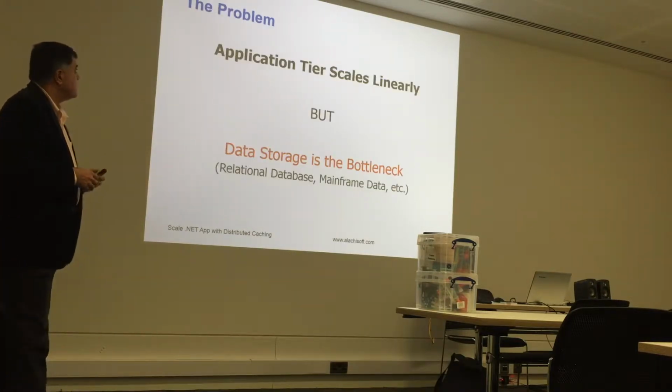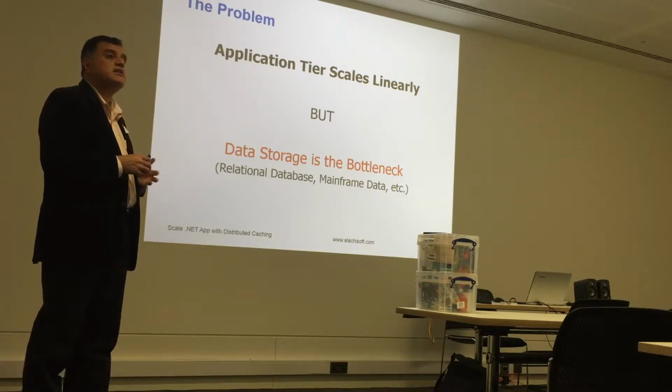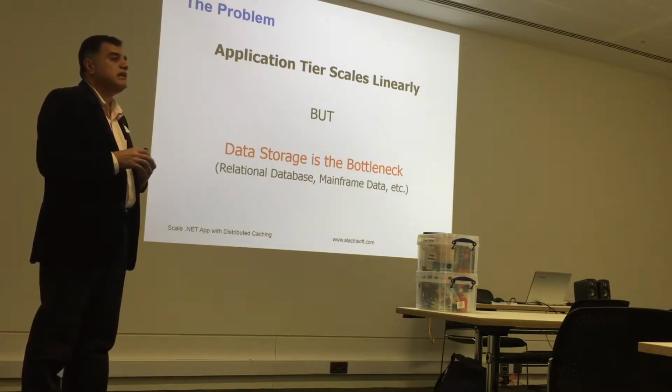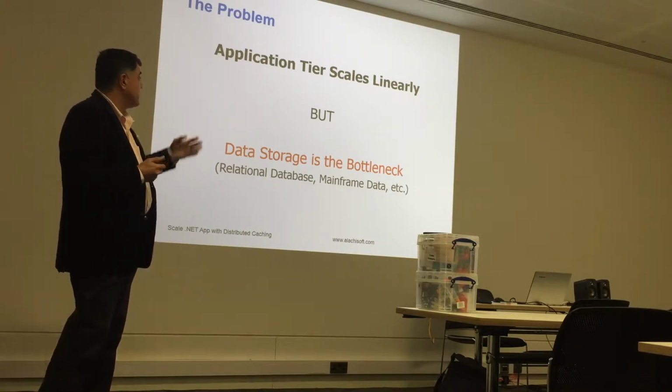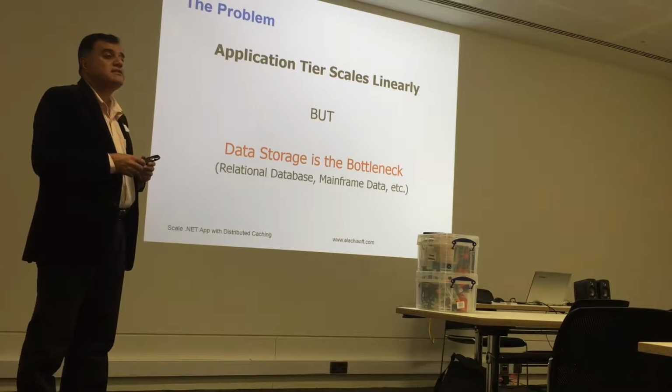So what is the problem? Why are we even talking about this here today? The first thing is that the application tier scales in a very linear fashion. So if you have a web application, you can keep adding more servers, perfect, no problem at all. So the problem is with the data storage, because the data storage cannot scale in the same fashion as your application tier.